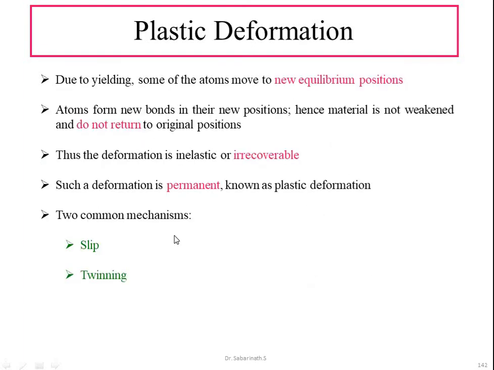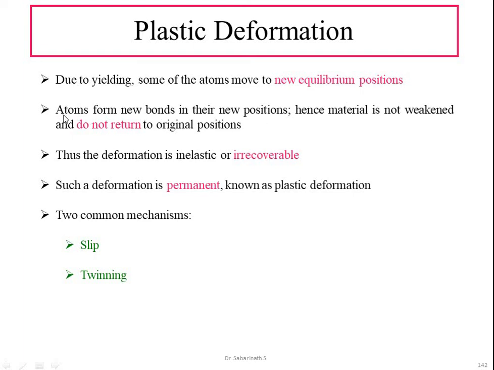Okay, so moving to plastic deformation, we have seen that due to yielding some of the atoms move to new equilibrium positions. As we have seen earlier, when we apply some force, the atoms will move from one position to another position. But here the atoms form new bonds at the new position. For attaining this, a minimum amount of stress should be there.